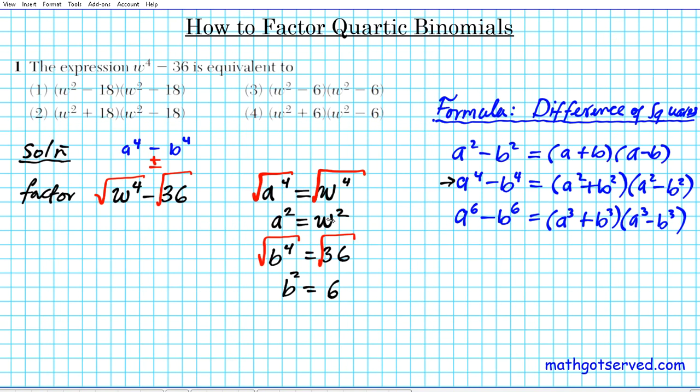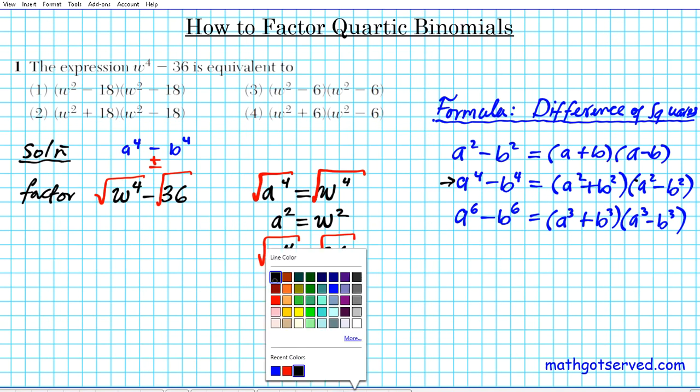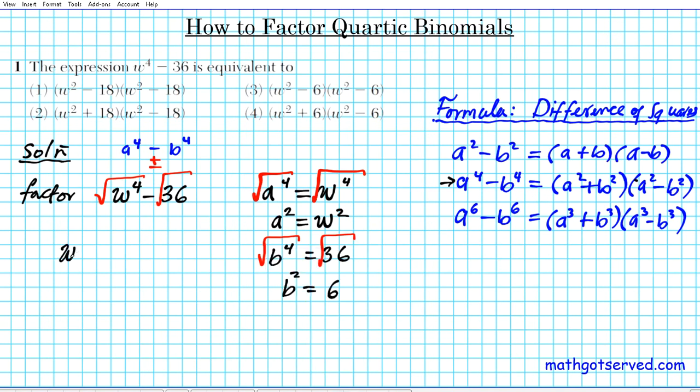Now we're going to express this factored form as the sum and the difference of a squared and b squared. You notice what we have here: a squared plus b squared, and then a squared minus b squared. That is going to be the factored form. So using that formula, our final answer is going to be w squared plus 6 times w squared minus 6.